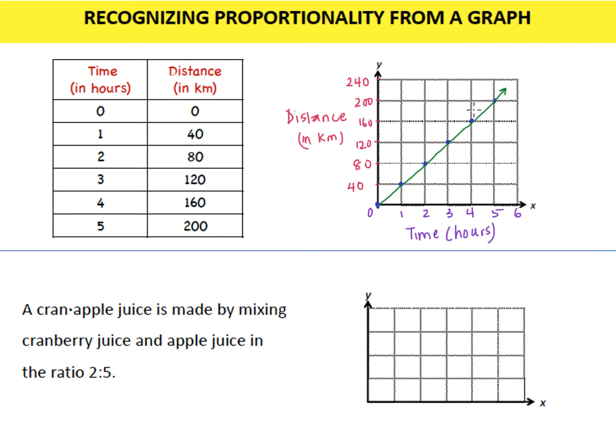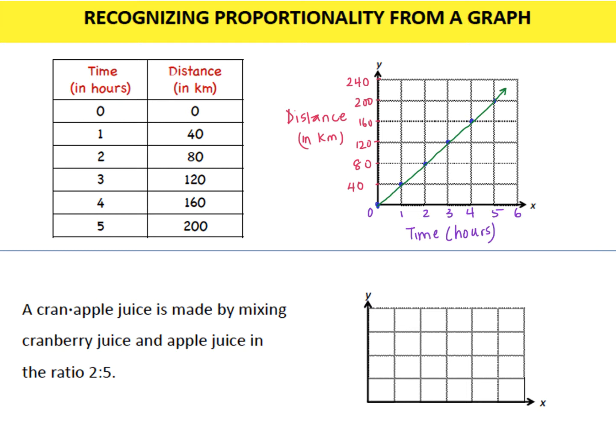Let's look at our second example. It says that there is a cran-apple juice, and that's made by mixing cranberry juice and apple juice in the ratio 2 to 5. Now, since both of these are ingredients, either of them can be on the x and the y axis.